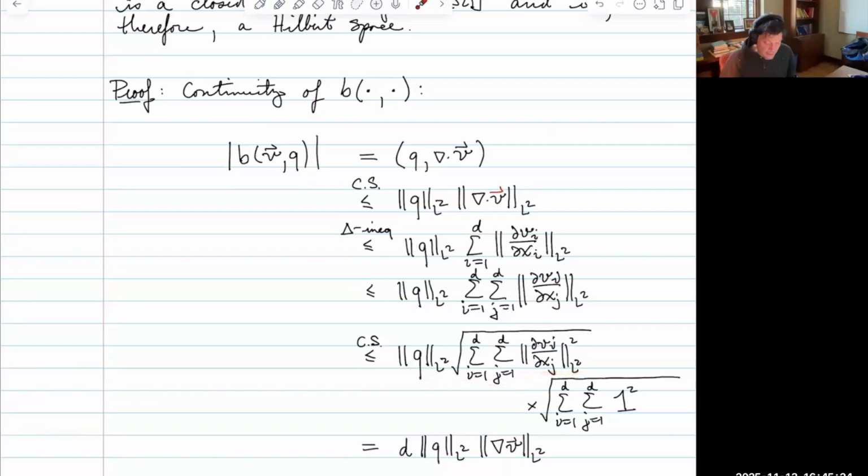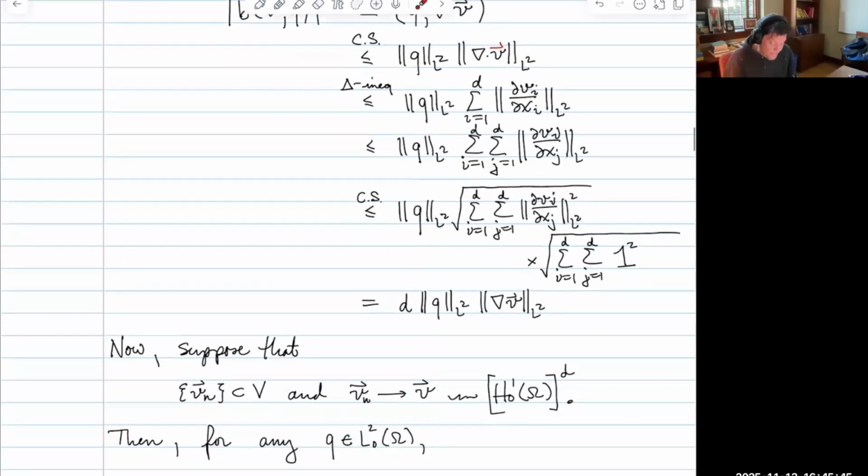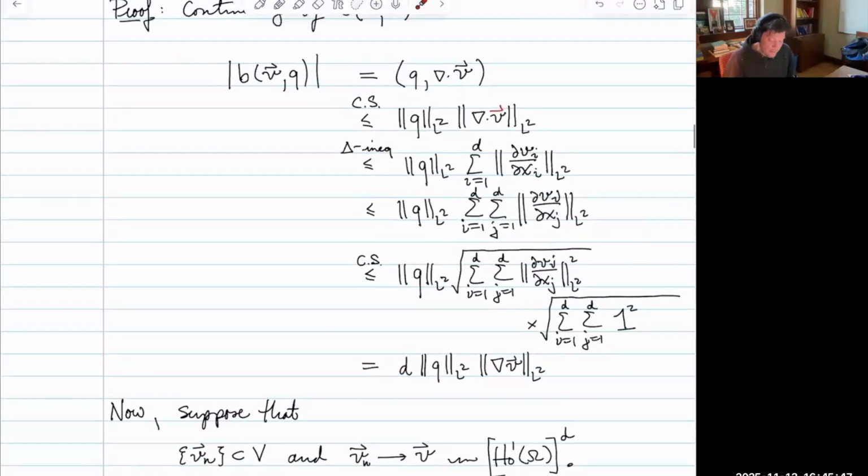Now that I've used that discrete Cauchy-Schwarz, I've converted that precisely to the norm object that I defined above. Of course, that's the usual norm that I'm using for that space. We'll show momentarily that it actually is a norm using the Poincare inequality. But hopefully you believe that even before seeing it. So what do I need to get continuity? I just need some constant here. And the constant is actually d.